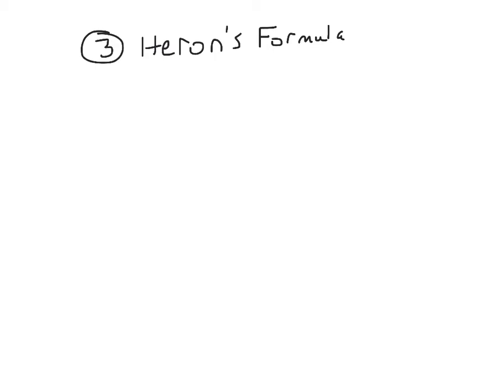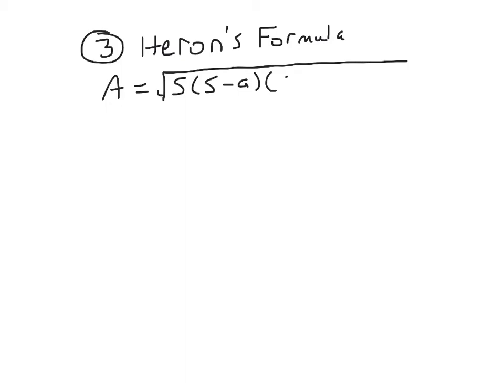In this case, the area of a triangle would equal the square root of S times (S minus a) times (S minus b) times (S minus c), which should lead us to our next logical question of what's S?